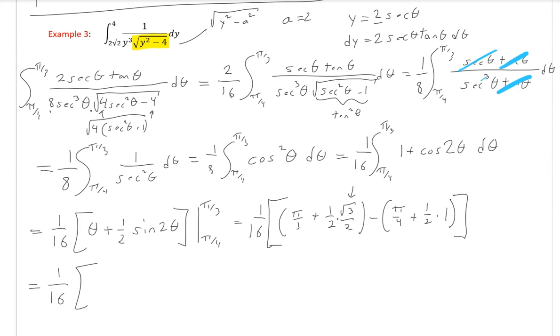So, put this together. Let's see, we have pi thirds minus pi fourths. I'll deal with that in a bit. 1/2 times root 3 over 2, so I have root 3 over 4. And 1/2 times 1 will give me another 1/2.